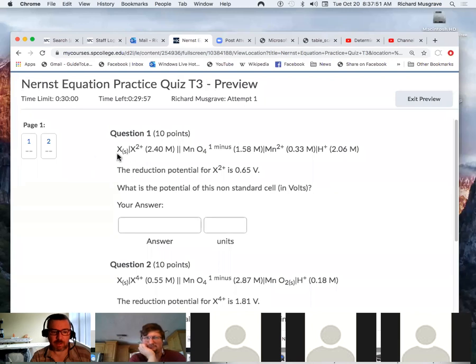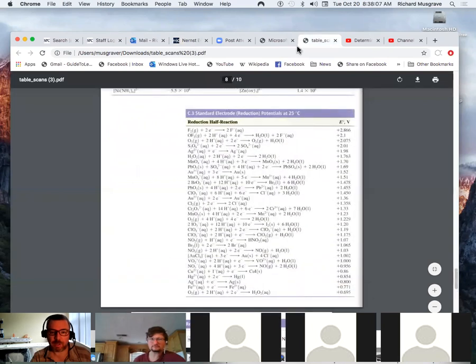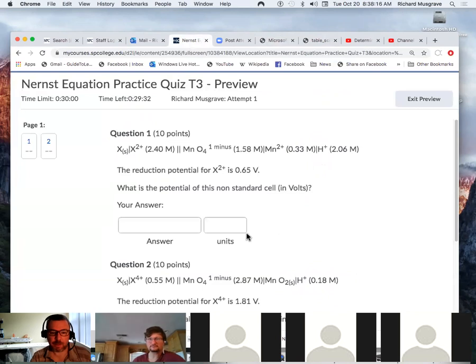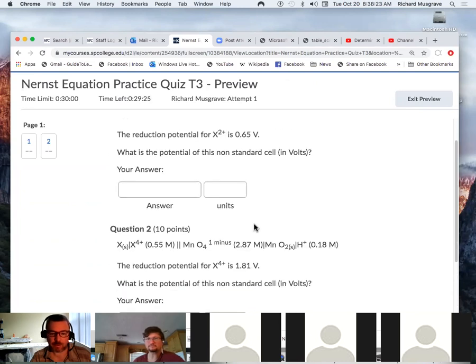You'll notice again, you've been given the reduction potential for X2+, so you have to come up with the equation for that. And then you're given the anode here as well. Now you're going to have to look that up on the tables. In the real test, you're actually given those values. You don't have to hunt for them. So that's the main difference. So that's good practice too for you to do.